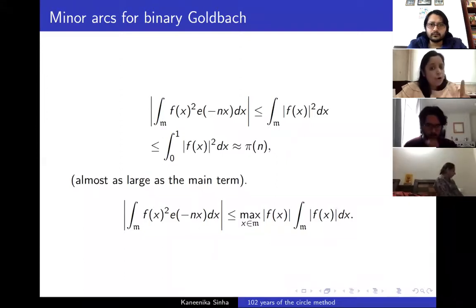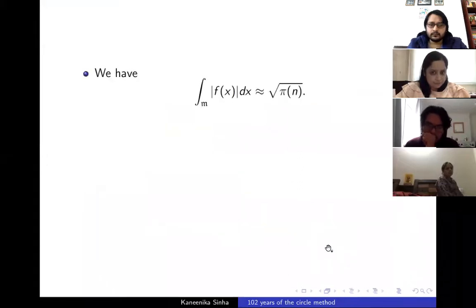We would hope that since we are now running over the minor arcs, where the function does not take unusually high values, this number might turn out to be fairly small. But how small do you want it to be? And the inner one is just the integral of absolute f of x dx, which by our previous rough calculation is of the order of square root of pi of n.